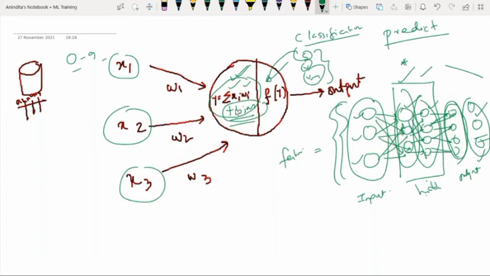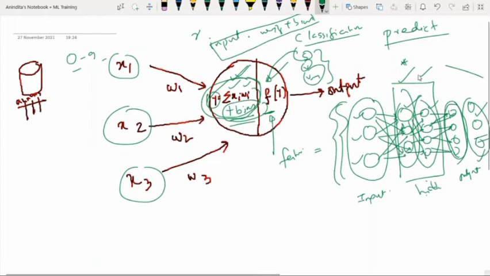The actual formula is input into weight plus bias. So this is the formula of the weighted sum. And then whatever we are getting as a weighted sum, say y, we have to enforce one activation function. It's a nonlinear function on this y. Then we have to decide what activation function we can use, hyperbolic tangent or sigmoid function. So this thing we have to keep in mind.